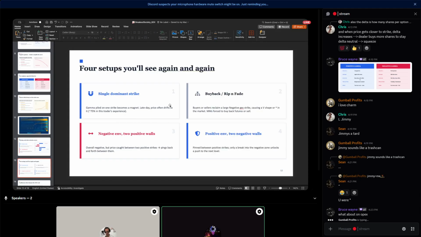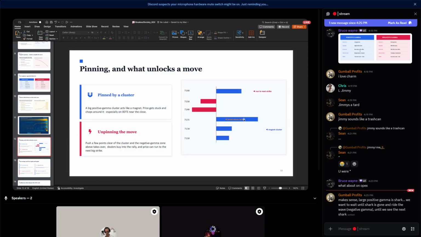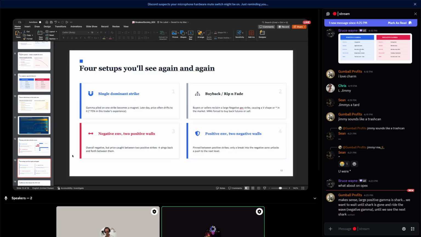So here are some setups that you'll see over and over and over again. I see these almost every single day. You'll see a single dominant strike. Throughout the day, especially as you get later into the afternoon, you might see something like this, where price is just moving about five or so points up and down every single minute or so.